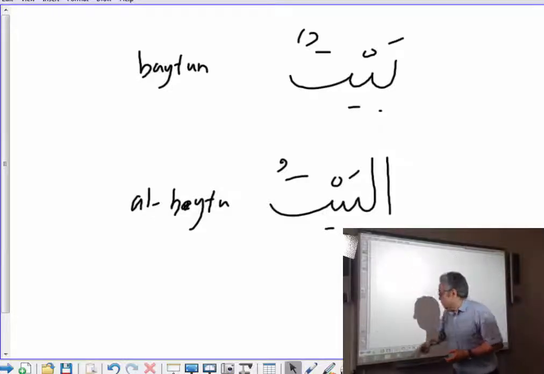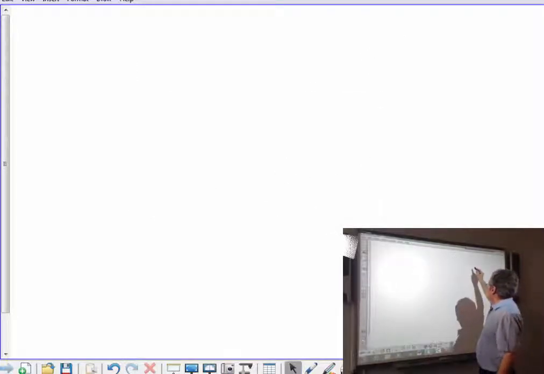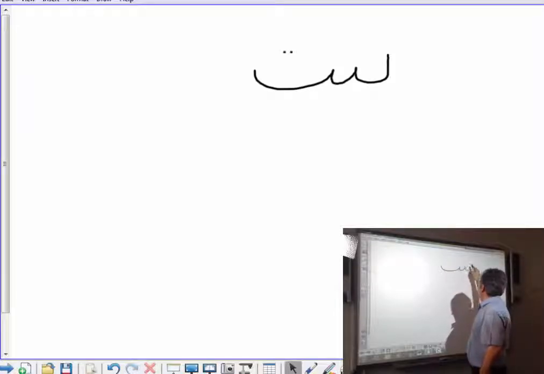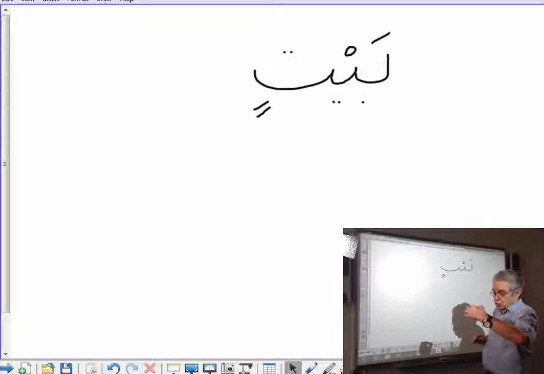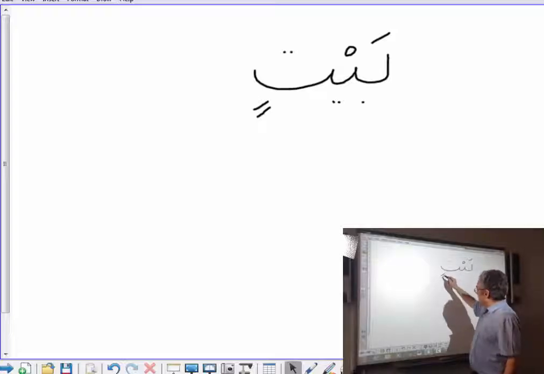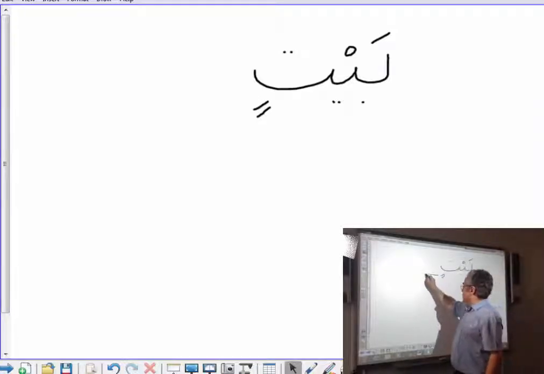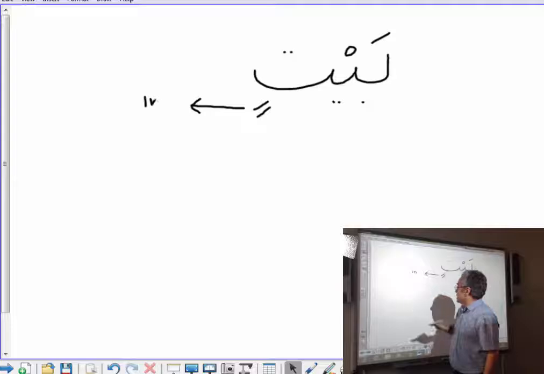The other one you can figure out: if I take bayt and I put two small, short, inclined strokes, not just one, I would pronounce this as in.